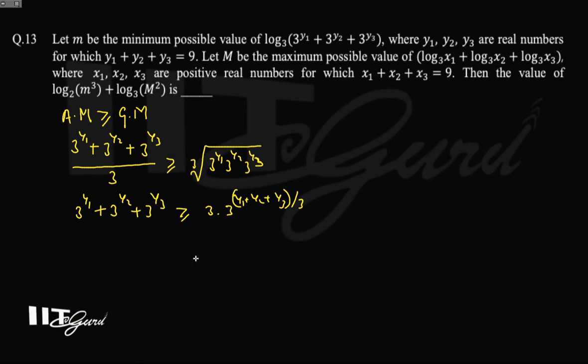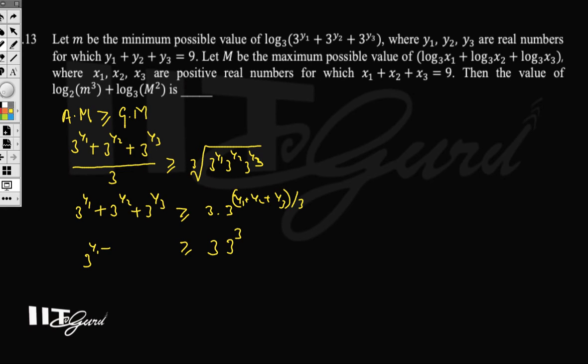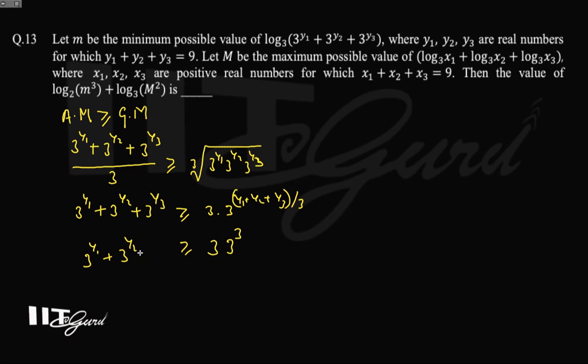In this way, as y1 plus y2 plus y3 is 9, when you put 9 here, 9 upon 3 is 3, and here that is 3 cubed. So finally, 3 to the power y1 plus 3 to the power y2 plus 3 to the power y3 is at least 3 to the power 4.